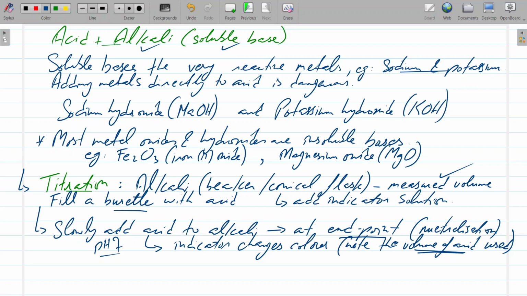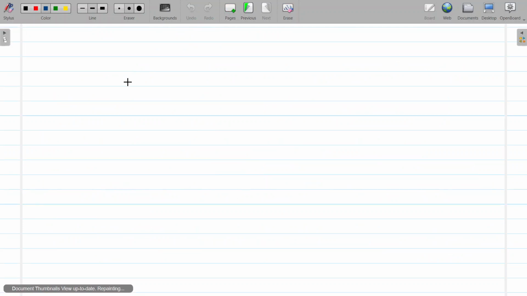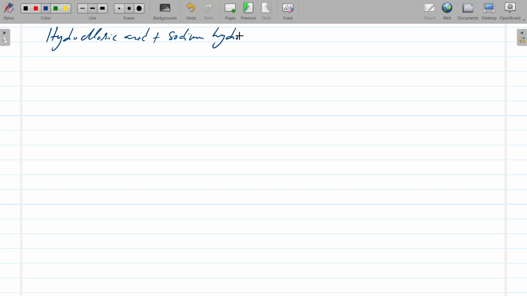Now, as an example, we're going to go back to our very well-known reaction between hydrochloric acid and sodium hydroxide. Again, we can't use sodium metal directly, so we're using an alkali of sodium, which is sodium hydroxide. So you've got hydrochloric acid plus sodium hydroxide giving you sodium chloride and water.